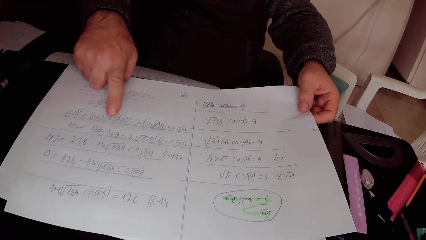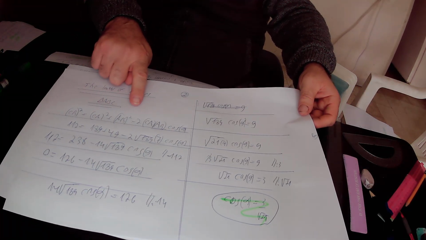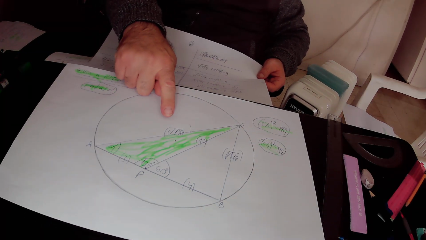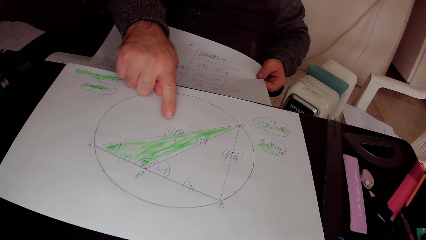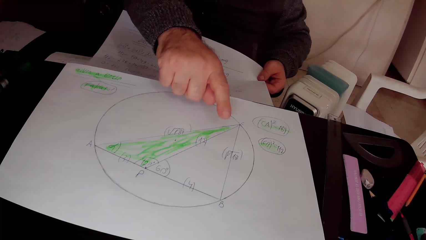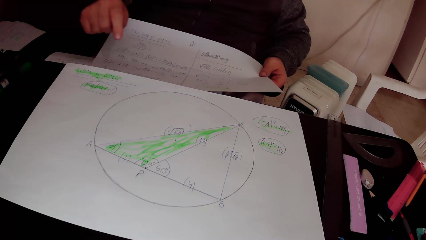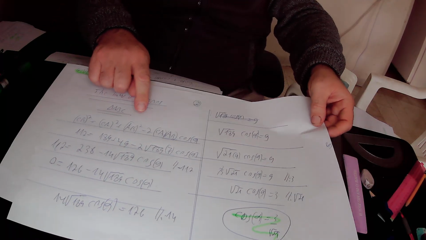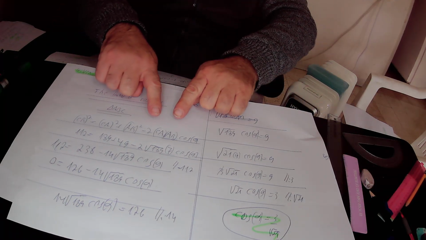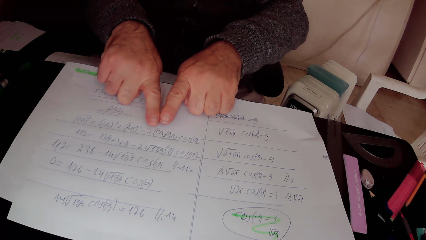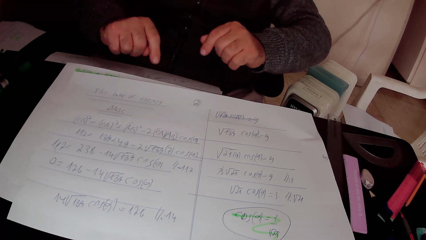So AB squared equals 49, minus 2 times CA times AB times cosine alpha. CA equals the square root of 189 in length, and AB is 7, so minus 2 times CA times AB times cosine alpha equals minus 2 times square root of 189 times 7 times cosine alpha.